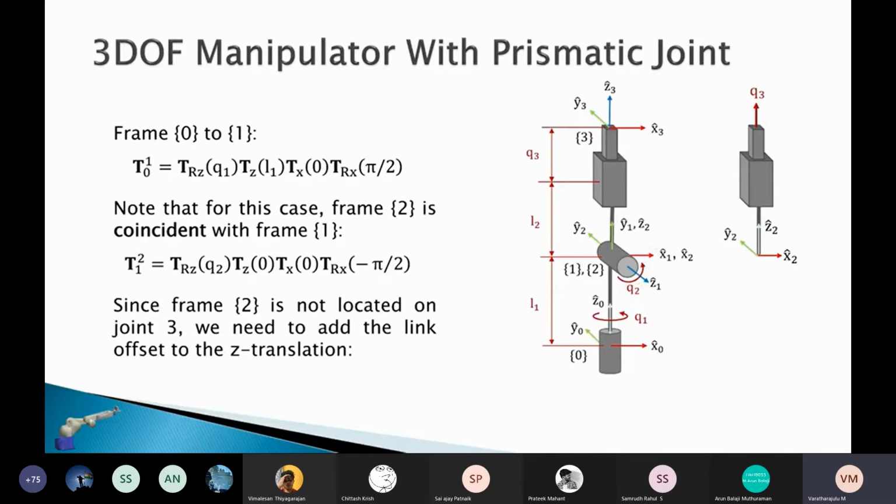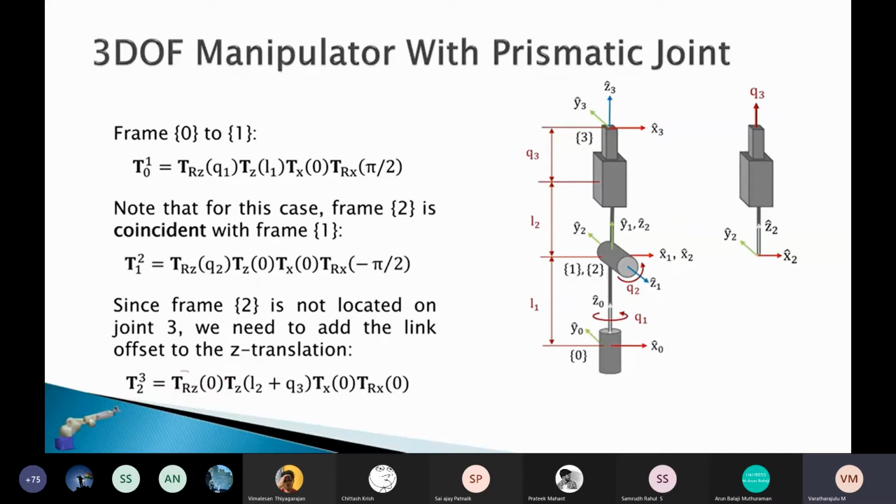And since frame 2 is not located on joint 3, so this frame is not up here where the physical origin of the joint would be, we need to add the link offset for the z translation. So we start with a rotation about z, but we don't need to rotate about z, so this will be 0.